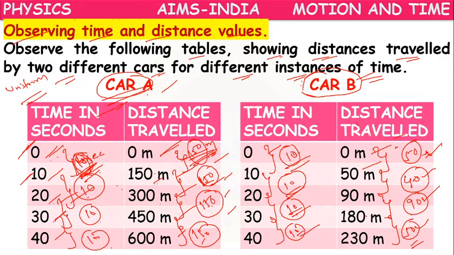So we can conclude car B is showing non-uniform motion. Non-uniform motion means in equal intervals of time covering unequal distances.